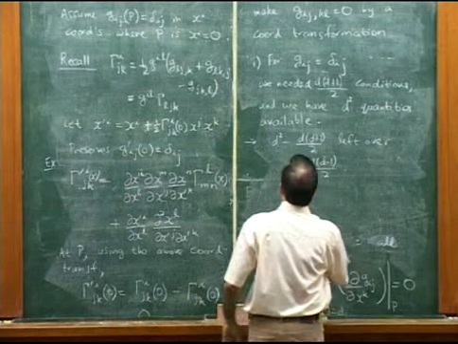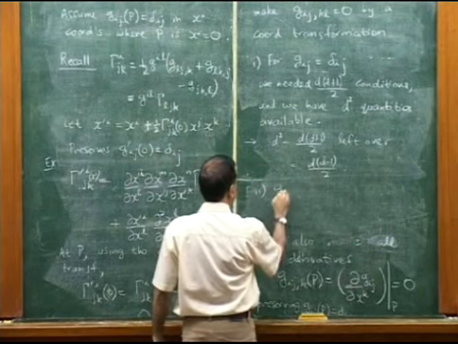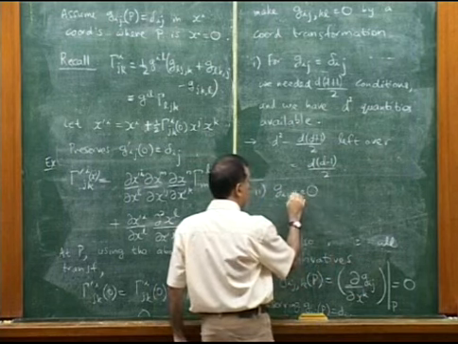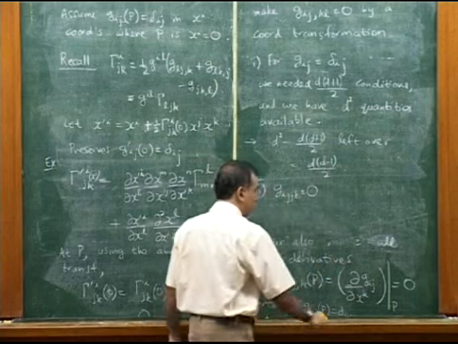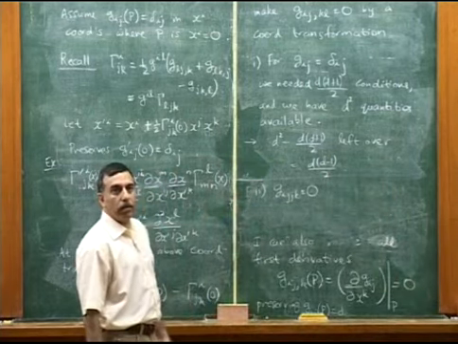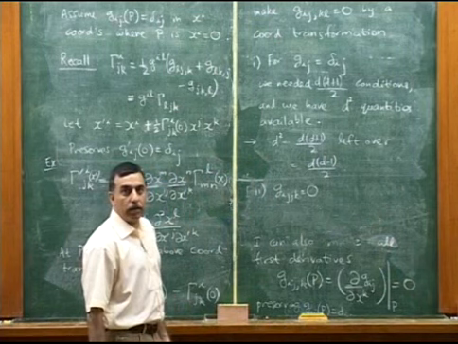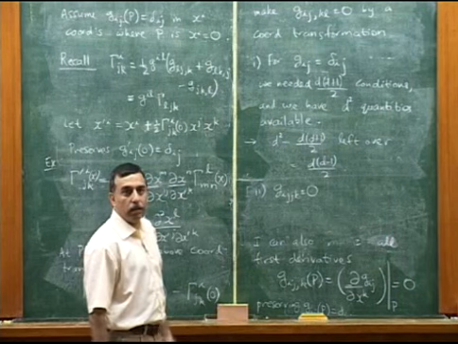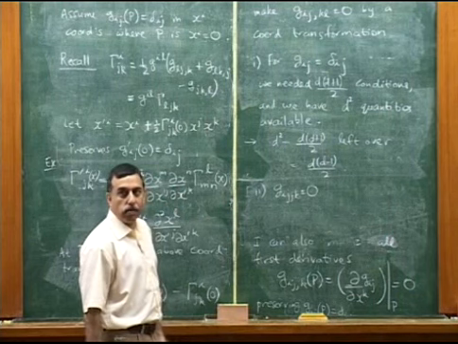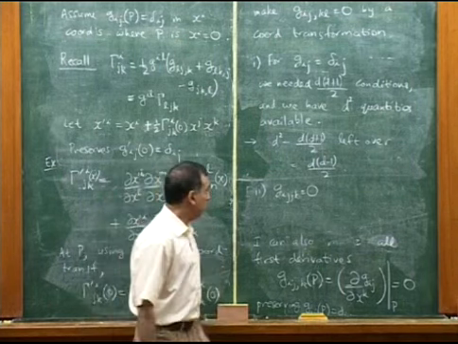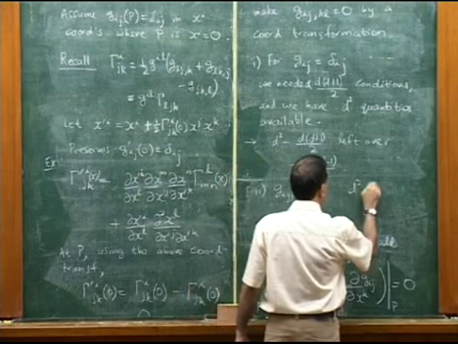So 2. For g ij comma k equals 0, how many conditions does this amount to? How many components does this equation have? D squared into d plus 1 by 2.